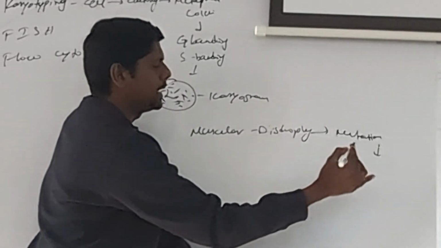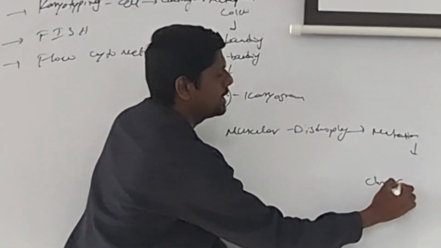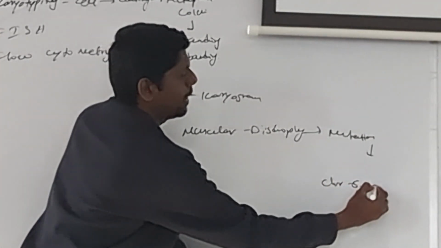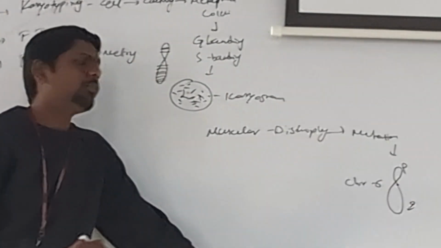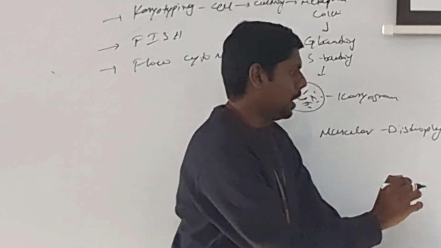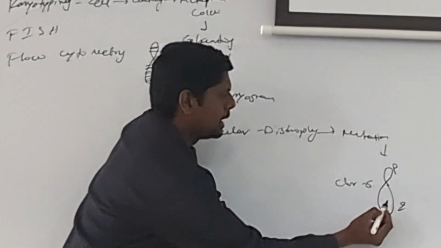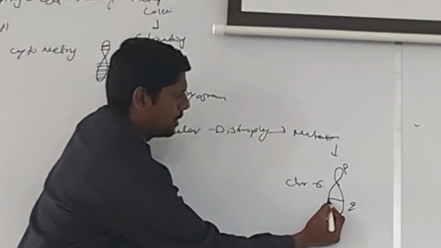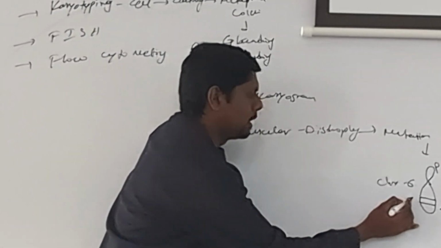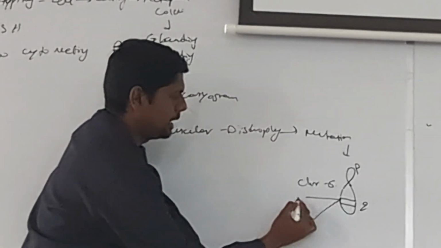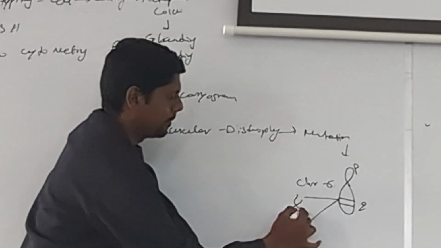Maybe the mutation is present in chromosome number 6. In chromosome number 6 we have a P arm and a Q arm. Just for example, I am saying. Now, I assume the region of this mutation or this gene was in this location. So now I extracted it. I know that here there is a gene.